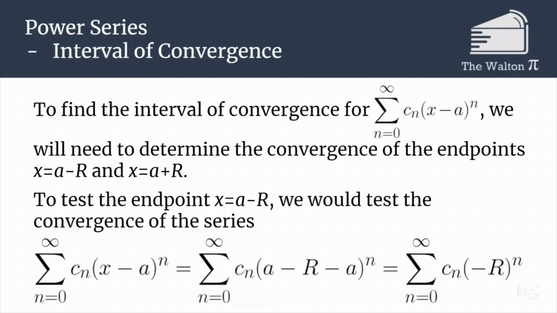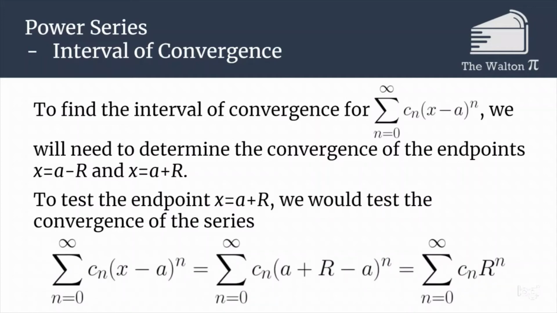However we would test that, feel free to use any of the other methods that we've covered. We just have to figure out, does that series converge? If we were to test x equals a plus r, we would have a very similar series, but we would just be testing the sum from n equals 0 to infinity of c sub n r to the n. So that would be how we would test the endpoints. If it converges at one of those endpoints, you include it in the interval. If it diverges at the endpoint, you do not include it in the interval.